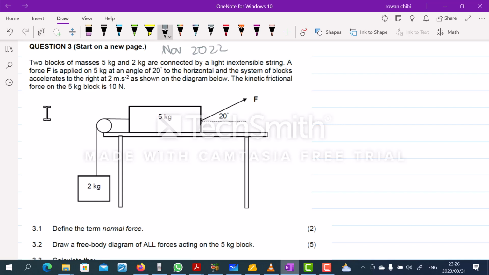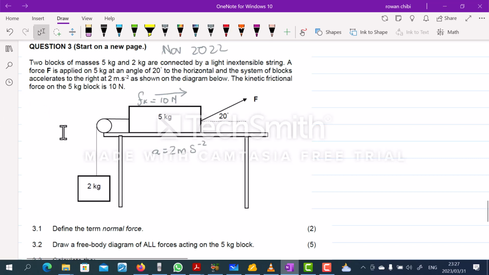So they gave us the acceleration, 2 meters per second squared, and the system is going to the right. The kinetic frictional force of the 5 kg block is 10 newtons. So this is the information that they gave us with the two blocks.